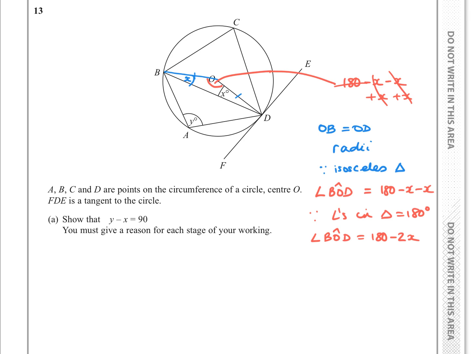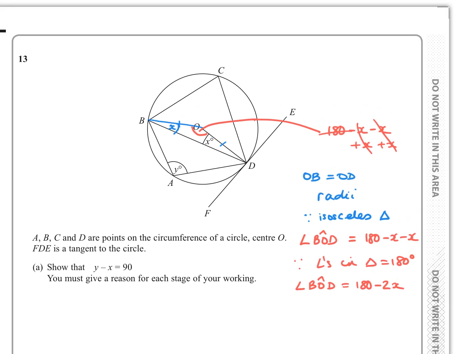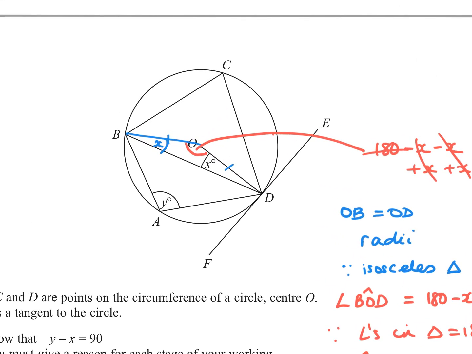Now if that's the case, if we look at the diagram in a bit more detail, then we should be able to see that this top angle here, angle BCD, well that should be what? Well, angle at centre is twice angle at the circumference.